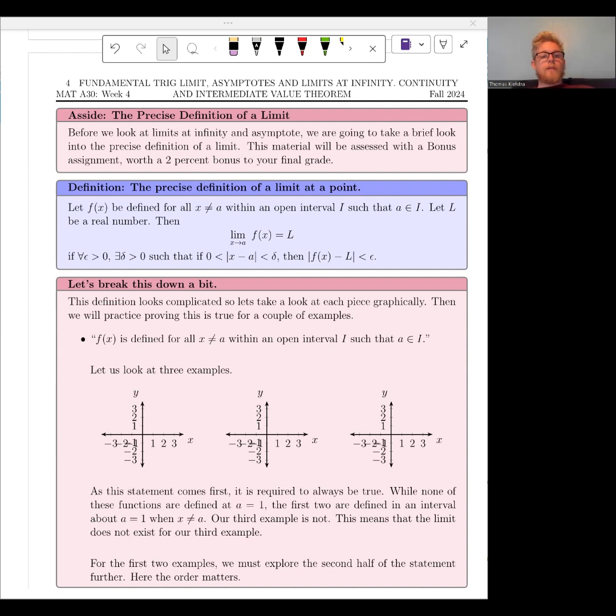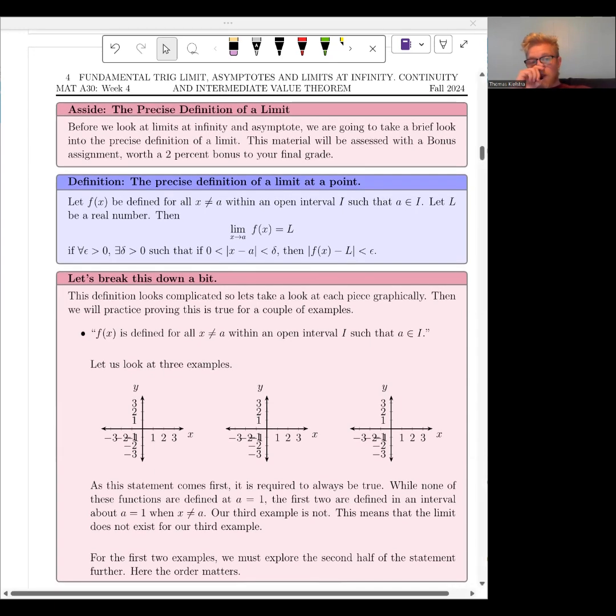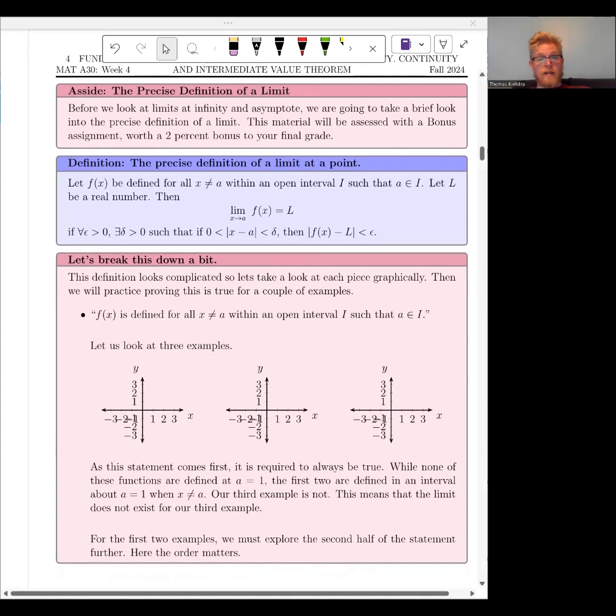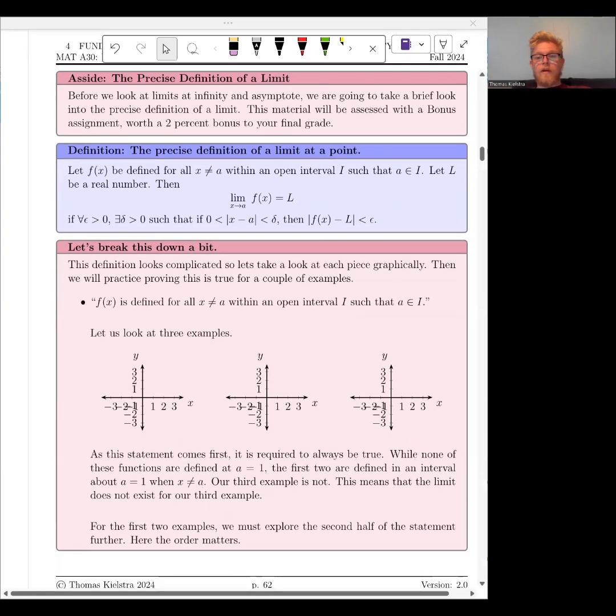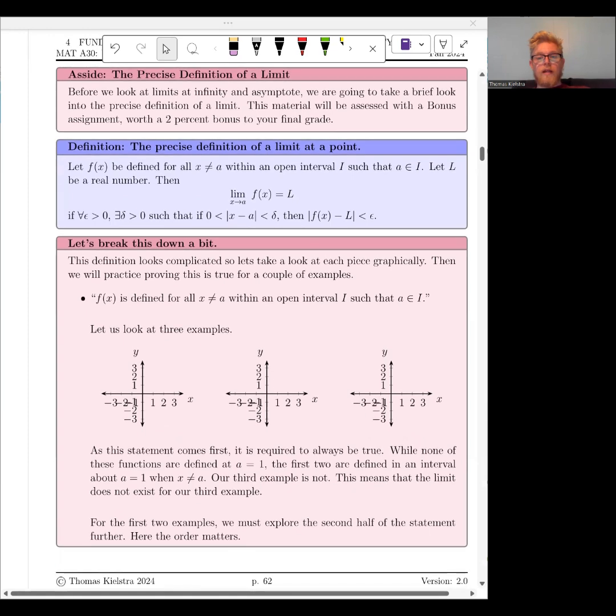So the first thing we're going to do is break it down graphically, into the three pieces, okay? f of x is defined for all x not equal to a within an open interval I, such that a is in I. And we're going to look at three different graphs.